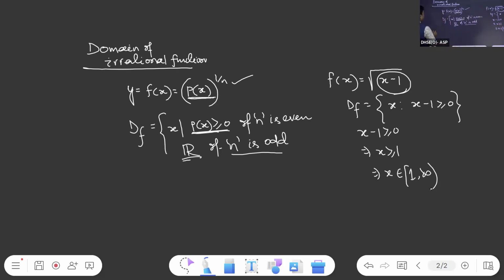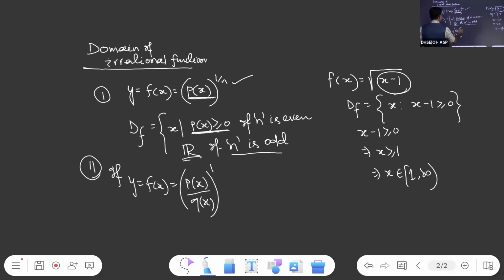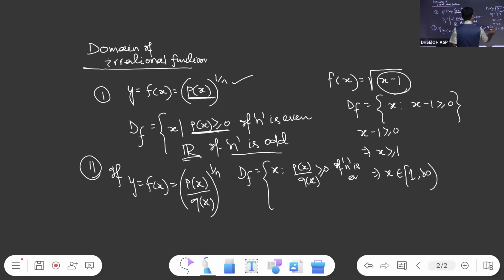Then come to the second case. If y is equal to f of x is equal to p of x upon q of x raised to the power 1 by n, then the domain of the function is the set of all x such that p of x upon q of x is greater or equal to 0, provided n is even, or q of x not equal to 0 if n is odd.